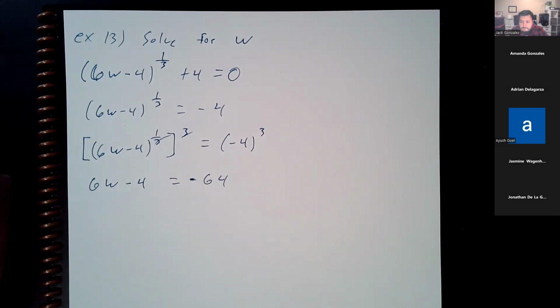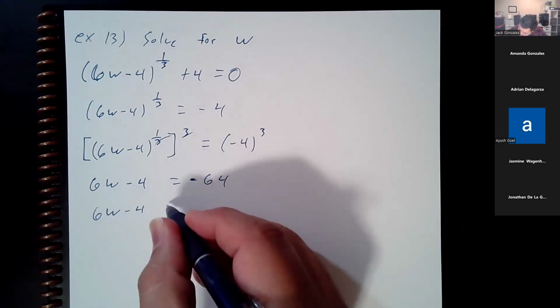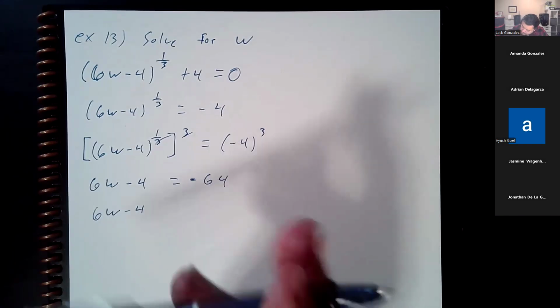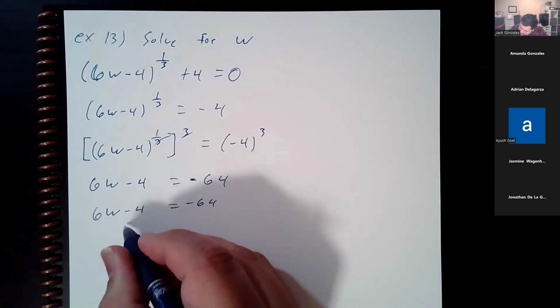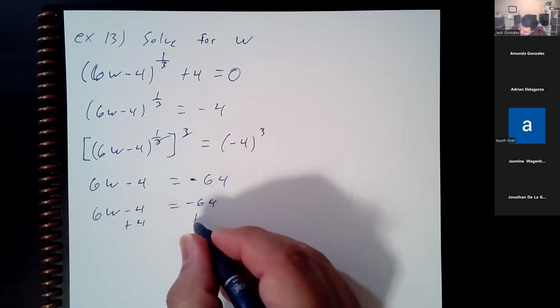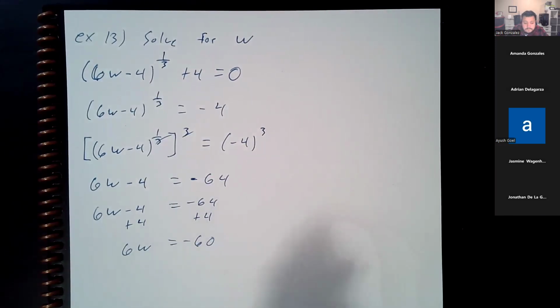Okay. So at this point, isolate the w, add the 4, we get to negative 60.